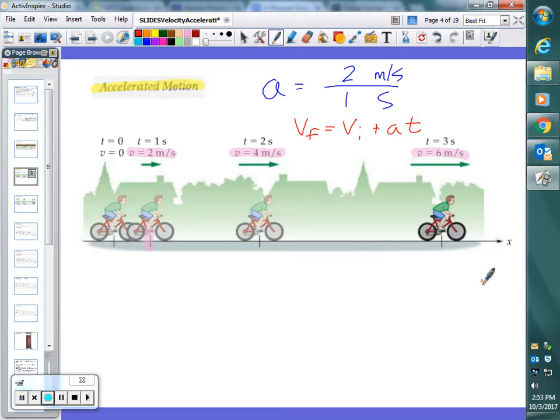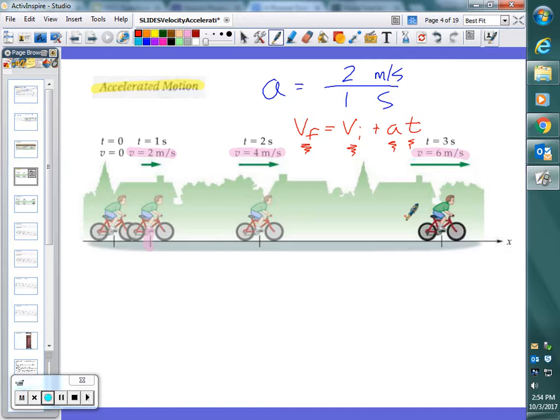All right, so this pattern, right? VF is going to stand for what? Final velocity. VI stands for initial velocity. A is acceleration, and T is time, right? So we can figure out how fast something is going at the end of its trip if we know how fast it was going at the beginning of its trip, what its acceleration is, and how long that trip takes.